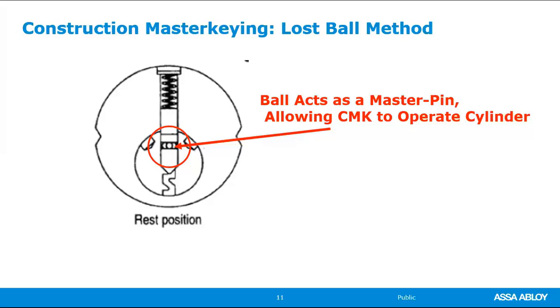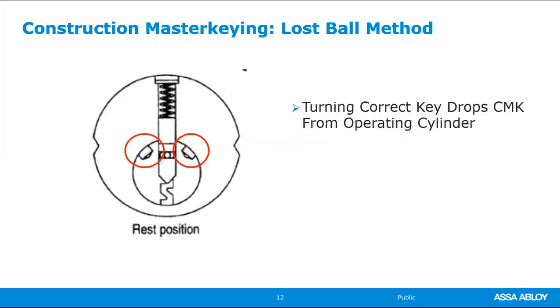While the contractor needs access, they can walk around and use their key. Once the contractor leaves, depending on the manufacturer, a representative from the facility walks around to each cylinder that is construction master keyed and either puts in a ball removal key or a master key and turns it, and in some manufacturers, the little ball will get caught.